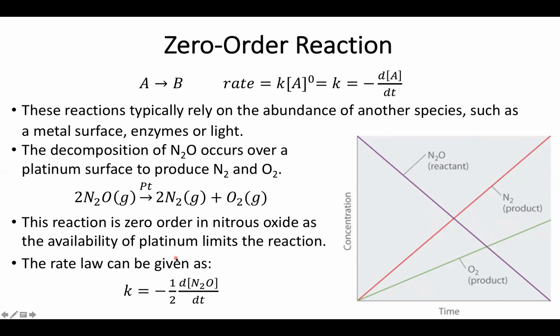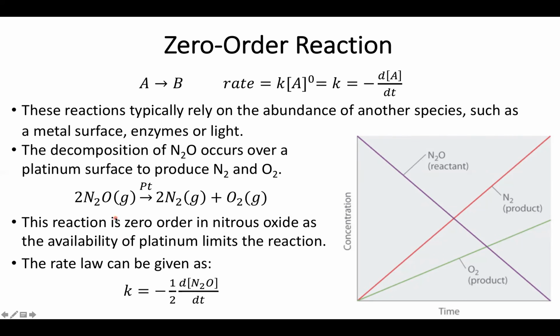And so again, the rate law for this reaction, we're going to see a steady decrease with respect to the nitrous oxide. But note here that because of the stoichiometry, we have to bring in this 1/2 term. Again, negative because the nitrous oxide is decreasing. The half represents that we have one reaction taking place for every 2 moles of the nitrous oxide.